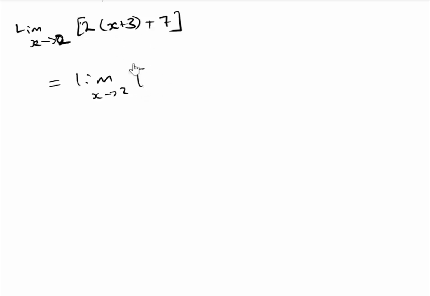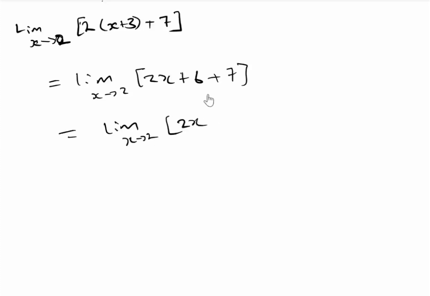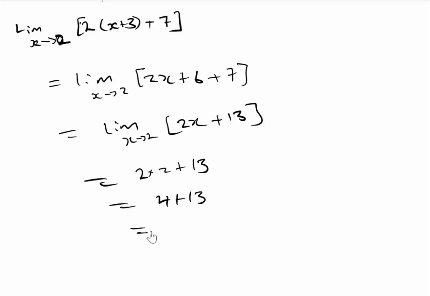Then 2 multiplied by x will give me 2x, and 2 multiplied by 3 is 6, plus 7. As x approaches 2, we have 2x plus 6 plus 7, and 6 plus 7 will give me 13. Then this is equal to 2 multiplied by 2 plus 13. 2 multiplied by 2 is 4, plus 13 will be 17, and this is the limit.